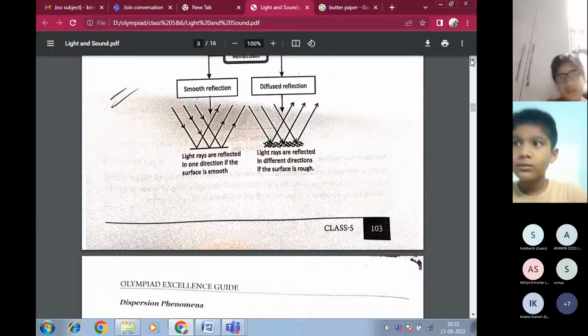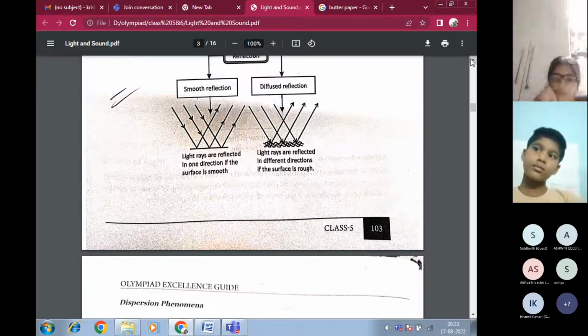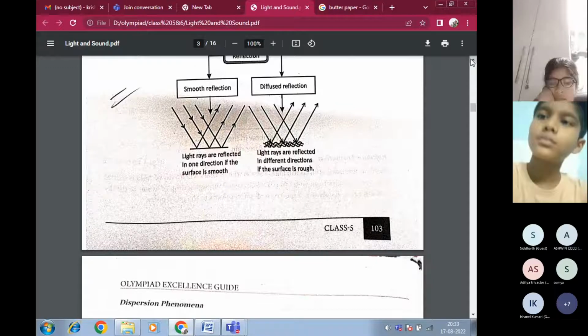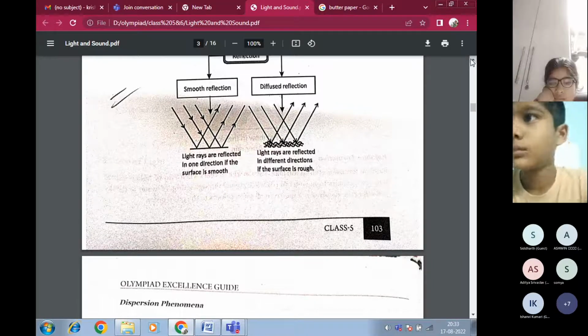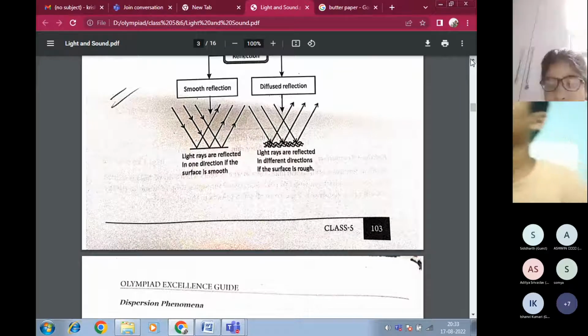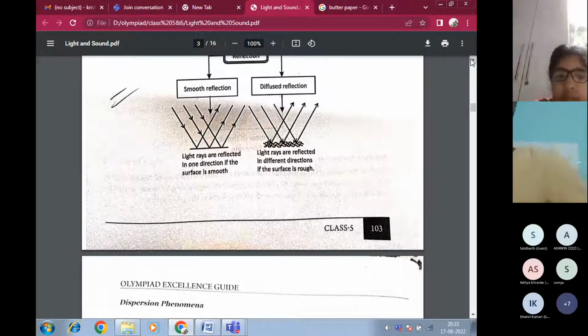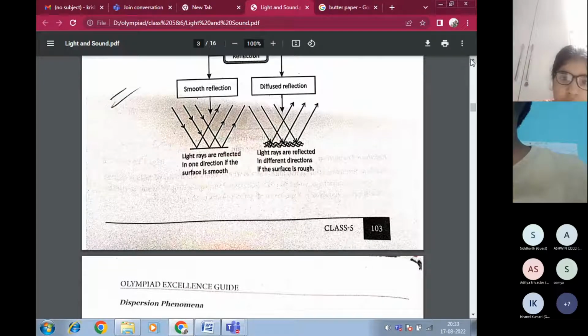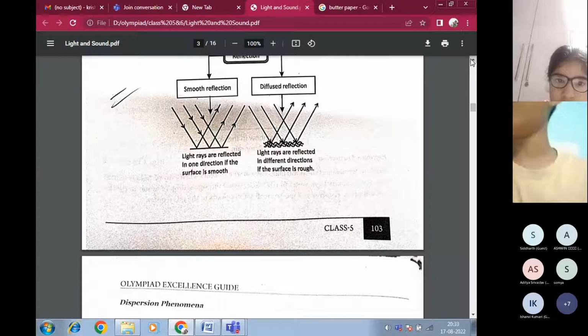When it falls on 2, the height is very low, so the light will get reflected in a different direction. On 10, it will be a different direction. So the surface on which the light is falling is not even. It is not smooth. So there will be light reflections in different directions.